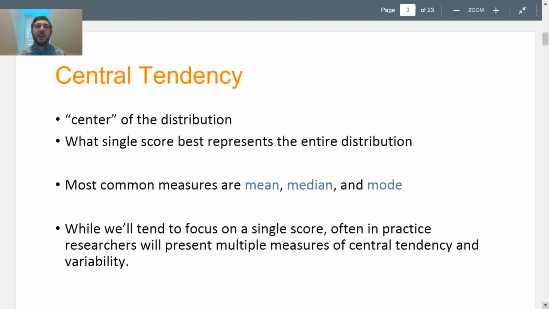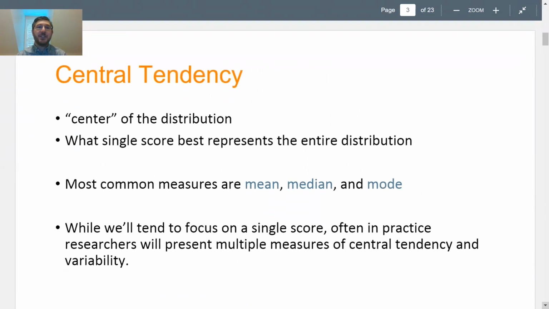You've probably already heard of a lot of these measures of central tendency. When we talk about central tendency, we're talking about what single score best represents the entire distribution. Oftentimes, in this course, we'll talk about what best score describes the distribution, but a lot of times in practice, you'll use multiple scores or data points to describe the distribution.